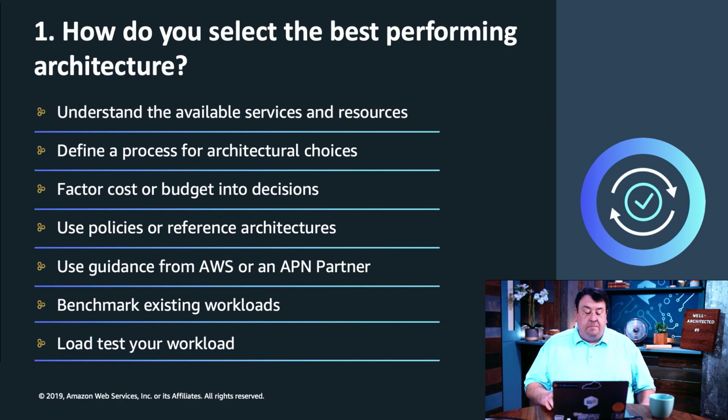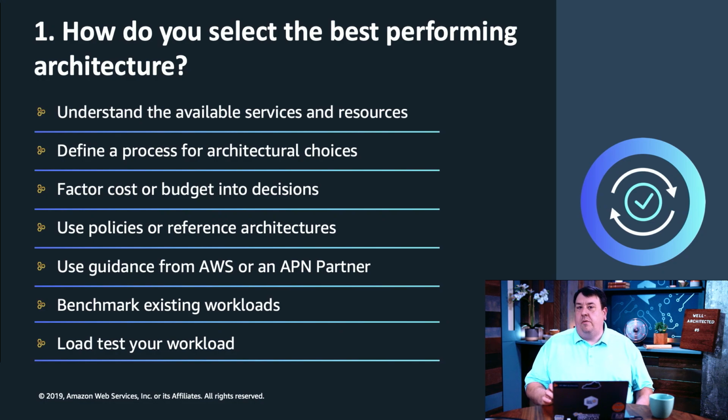So the first question is, how do you select the best performing architecture? We know that it takes multiple approaches to get optimal performance. The best way to do that is to understand all the various component pieces that are available. You have to know what services and resources are available to you so that you're utilizing the correct ones for your particular workload.